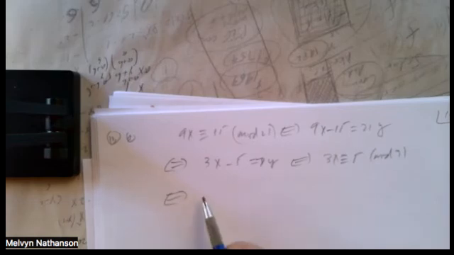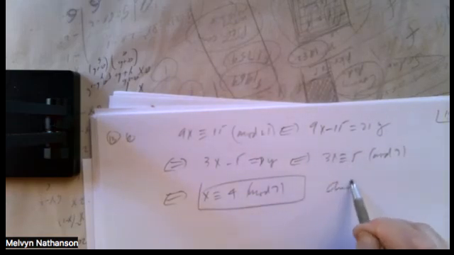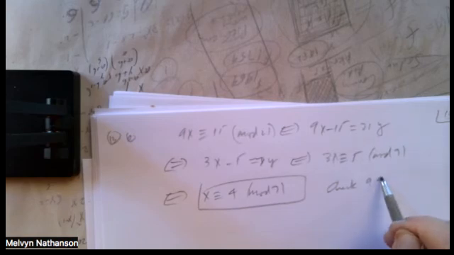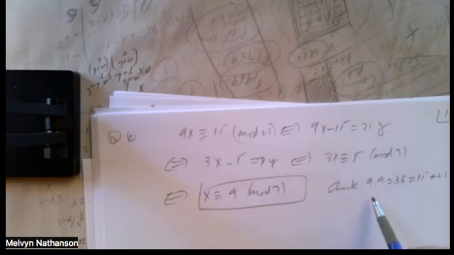So if and only if x is congruent to 4 mod 7. And you can check: 9 times 4 is 36. It's 15 plus 21. So 9 times 4 is congruent to 15 mod 21. That checks.